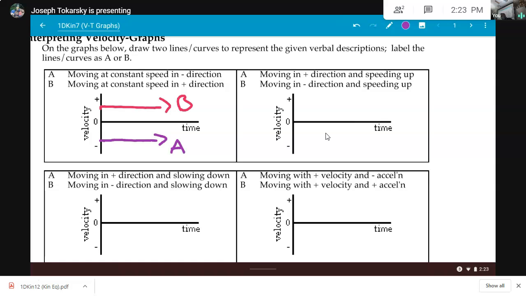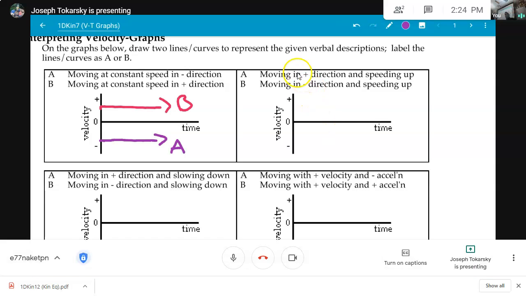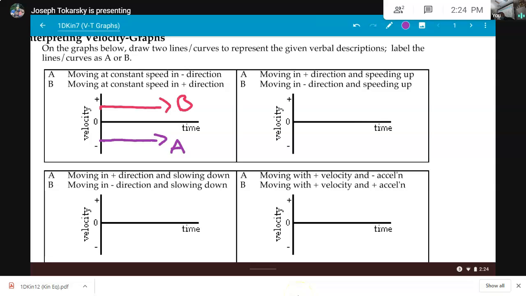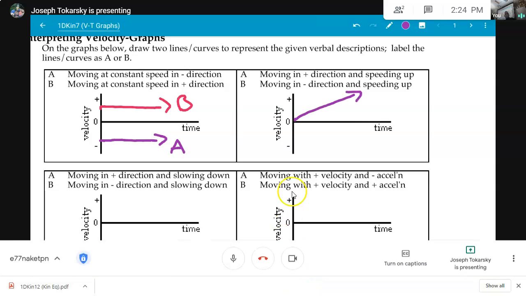Very good. That's the main feature of speeding up, getting further away from zero. Now, there's two ways we could get further away from zero. Up, away, or down, away. Since it said moving in the positive direction, it should be which one of those? Up and away, right? So something that looks like this, getting away from zero, but staying in the positives, would be line A.